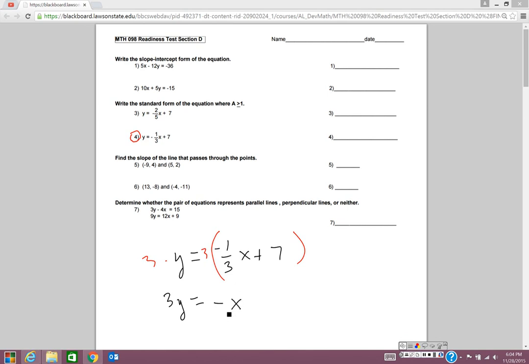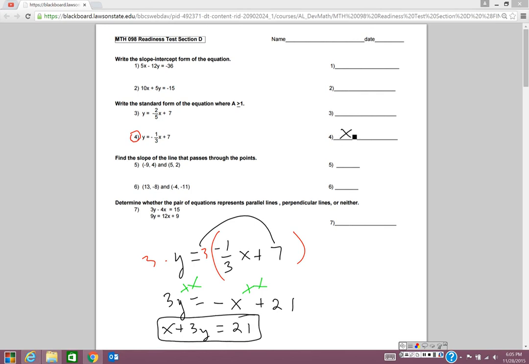But 1 is understood. 3 times 7, 21. And again, all we simply do is just add that x. And we are in standard form since we have x plus 3y equals 21. X plus 3y equals 21 is in standard form.